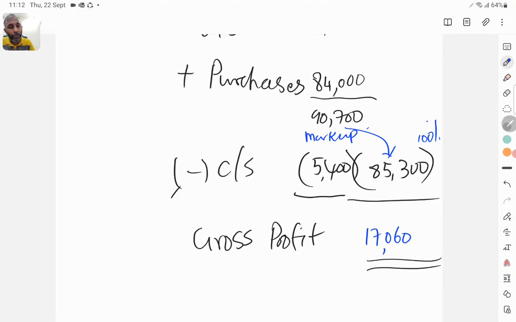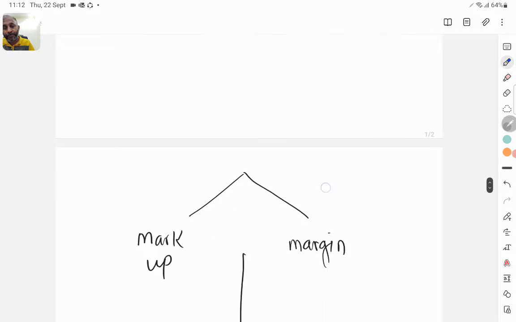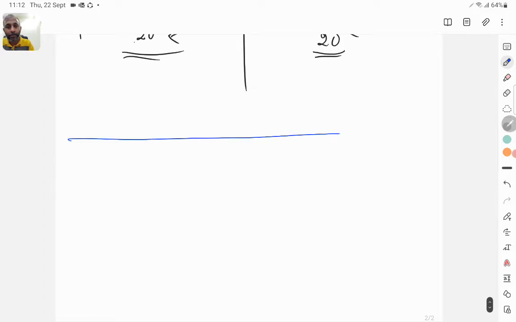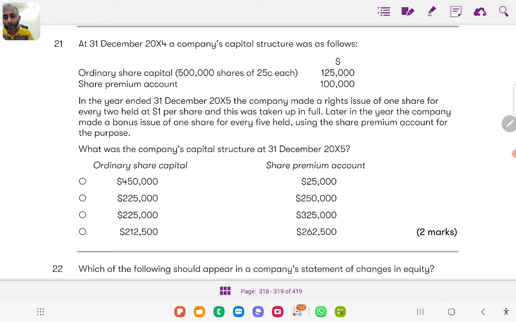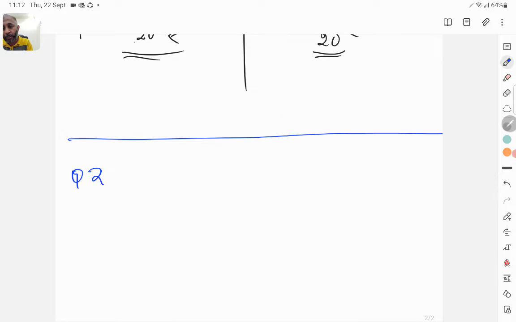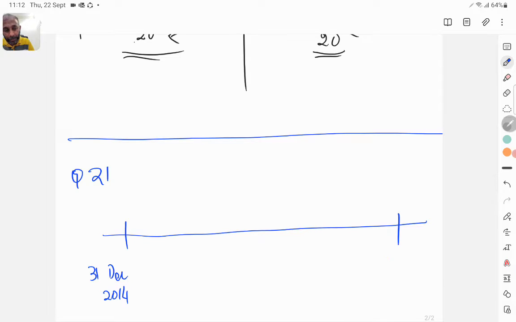First of all, what we do is draw a timeline. This is 31st December 2014 and this is 31st December 2015.